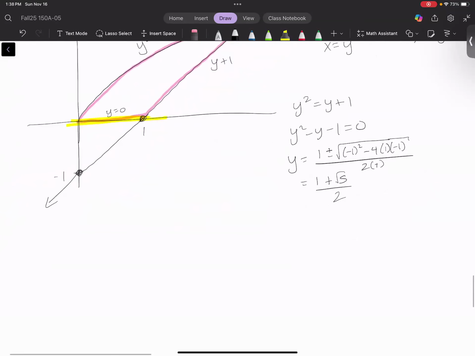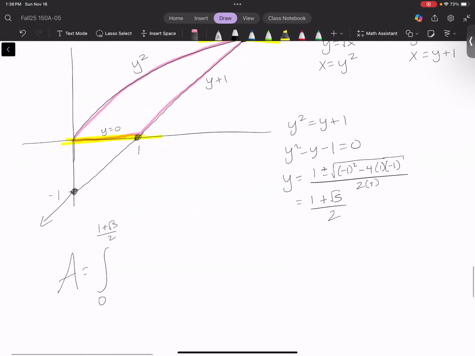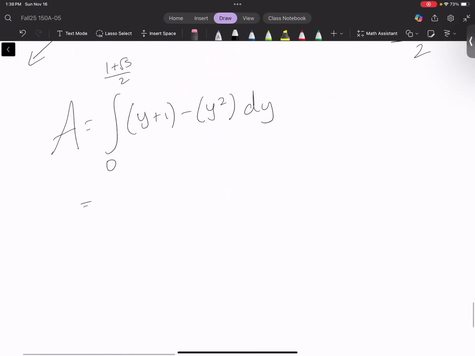And now we have everything we need. So our area is going to be the integral from 0 to 1 plus root 5 over 2 of the right function minus the left function, dy. Then the antiderivative: 1/2 y squared plus y minus 1/3 y cubed, with bounds.